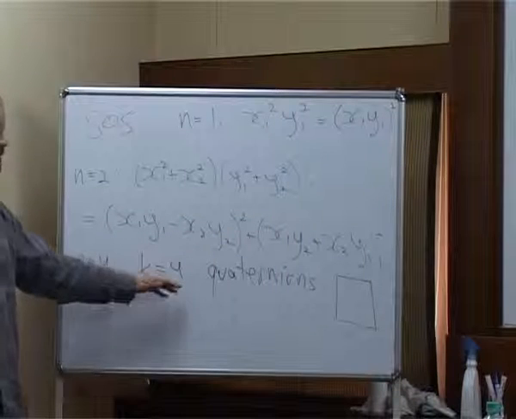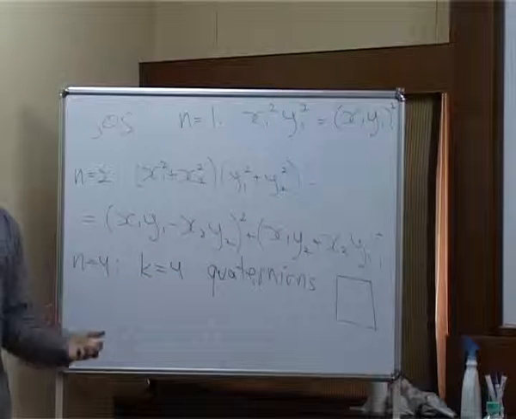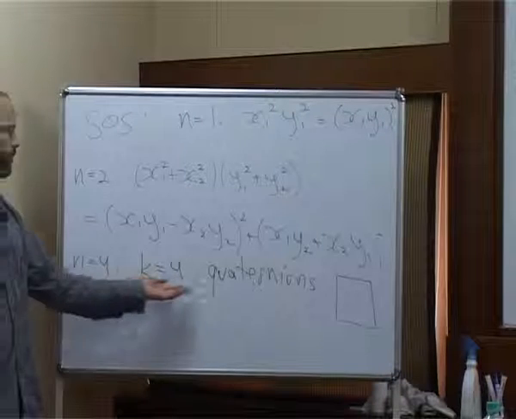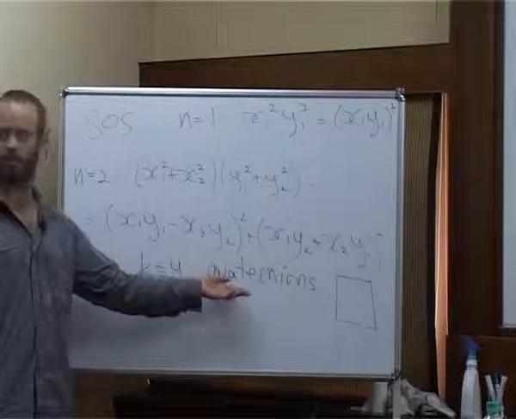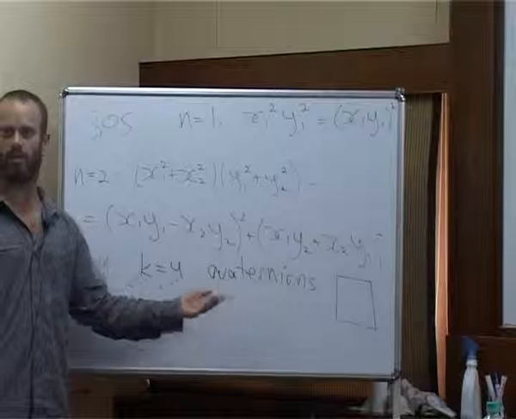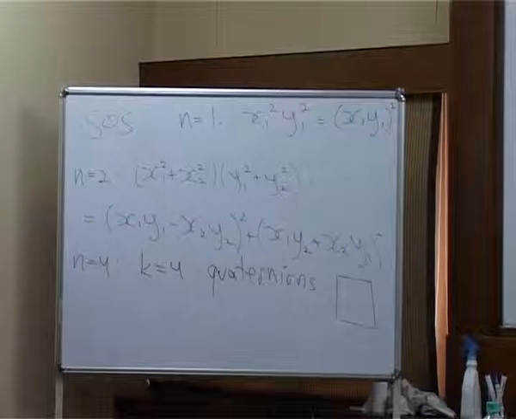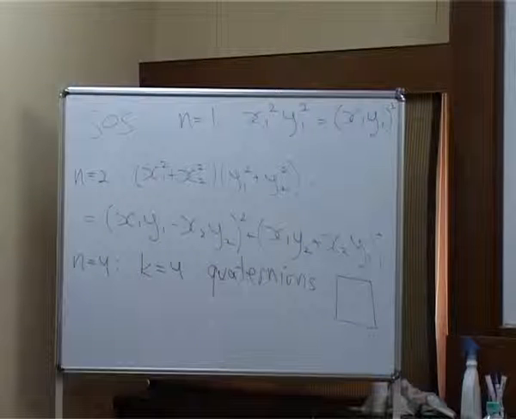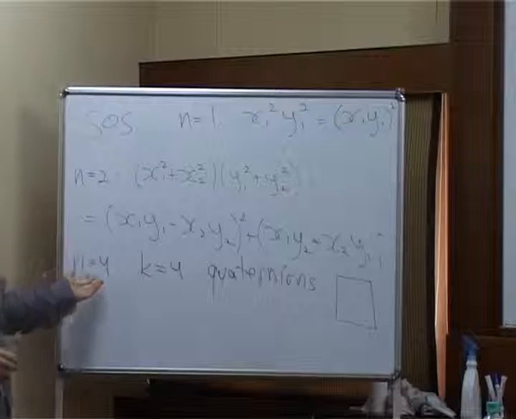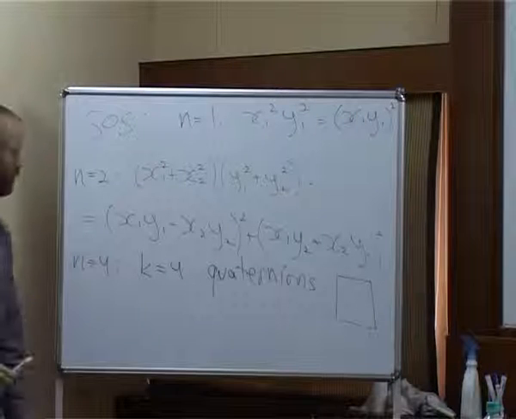For some time it was very well studied, but as time progressed, I think now it is not as well known, maybe except in Hamilton's university in Dublin. So for n equal to 4, k is also equal to 4.